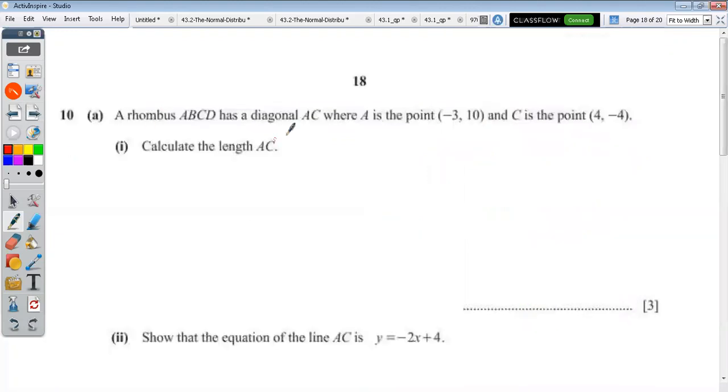Now a rhombus ABCD has got a diagonal AC, where point A is this and point C is this. Calculate the length of that. So what do you do? You draw it.